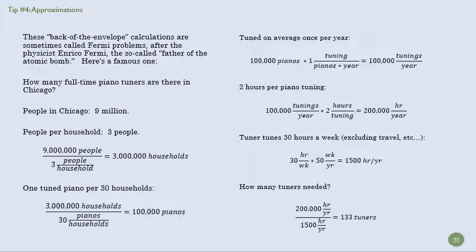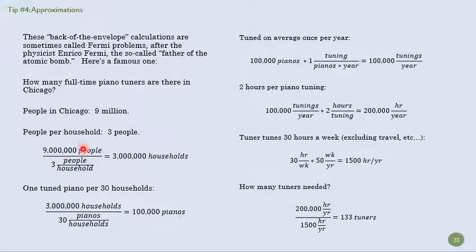You have no idea. And the idea here is that with some good guesses, or not even necessarily great guesses, we can get an answer that's pretty close to the truth on an order of magnitude. In other words, within 2 or 3 times of being correct, not being 10 times off or 100 times off.